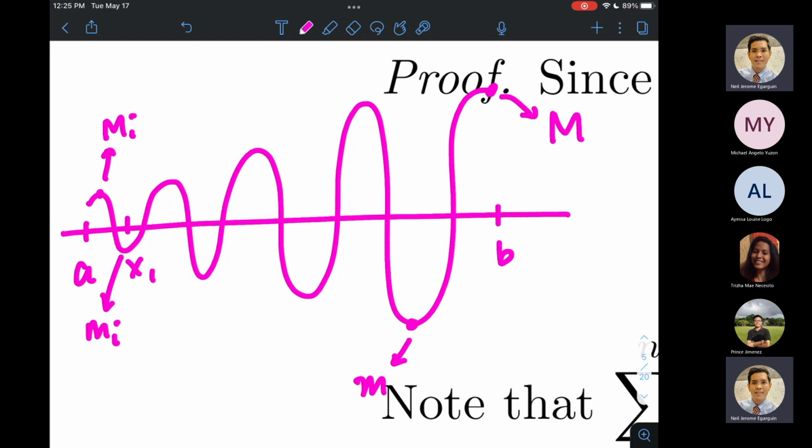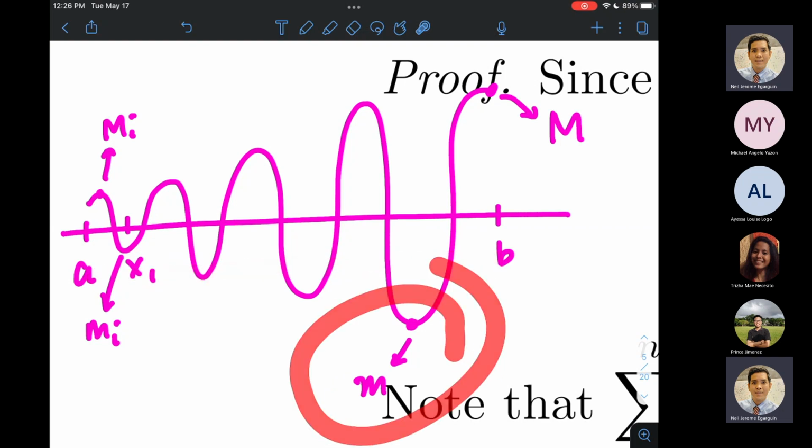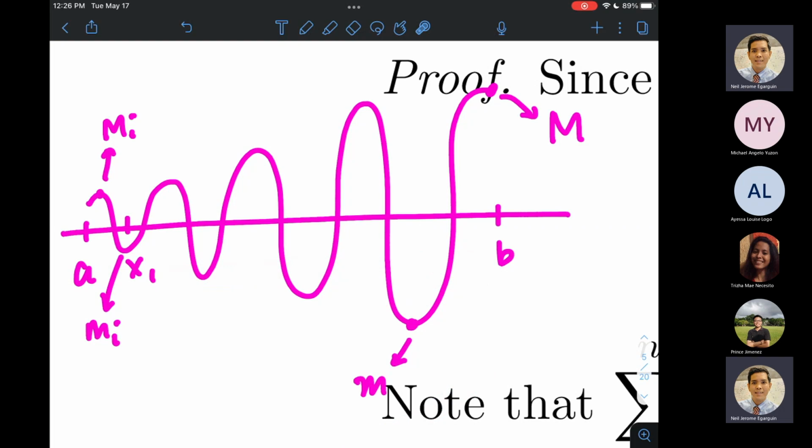Dahil kokonte yung options doon sa interval a to x sub 1, posibleng hindi mapasama yung pinakamaliit sa buong closed interval. So the minimum on this subinterval must be larger or equal to the minimum doon sa buong interval. So clearly, mas maliit pa rin tong mas maliit sa buong interval, right?